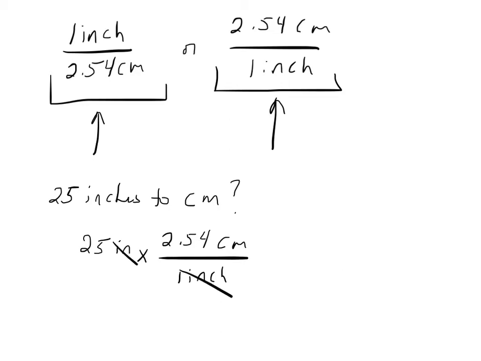So inches cancel, and we're left with 25 times 2.54, which equals 63.5 centimeters. Now, look at the number of significant figures we have. In our original question, we had 2 significant figures, so my answer should only have 2 significant figures. So 63.5 becomes 64 centimeters.